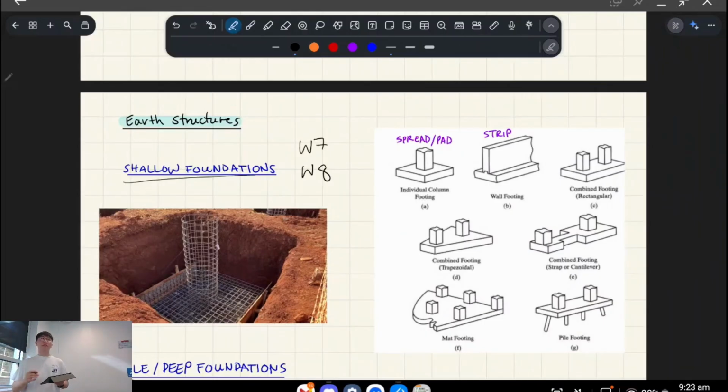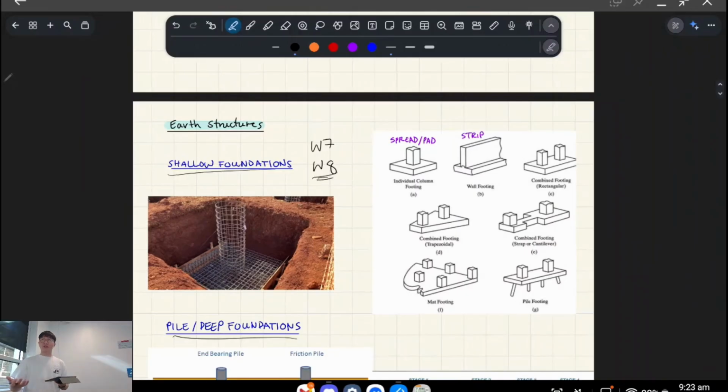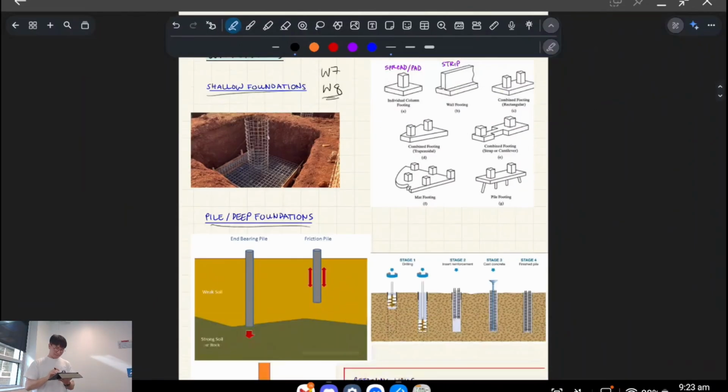So this week, we're going to be talking about bearing capacity, right? Which is basically how strong is the ground underneath this pad footing. And then week 8 is about settlement. So how much is the ground going to move underneath this foundation? Yeah, how much is it going to move, basically, right?